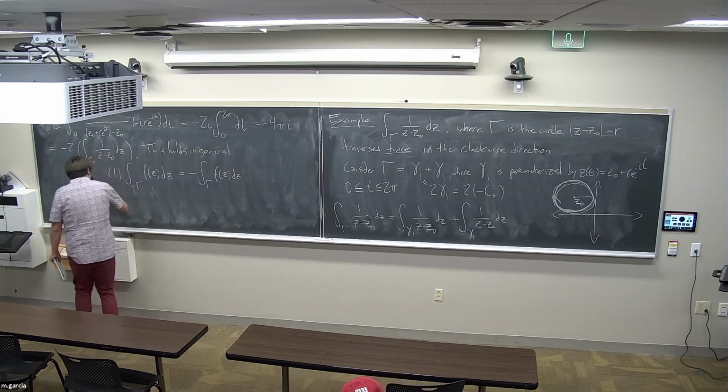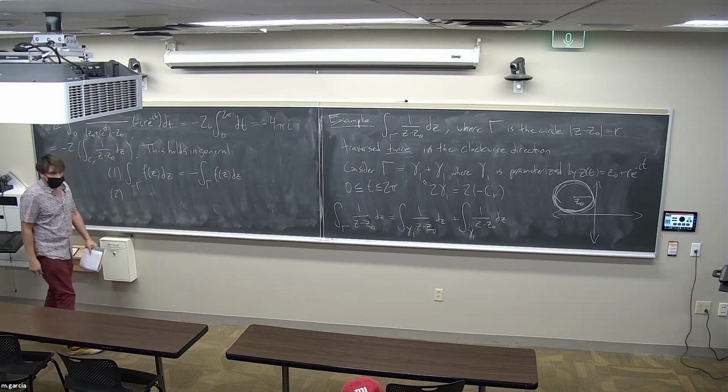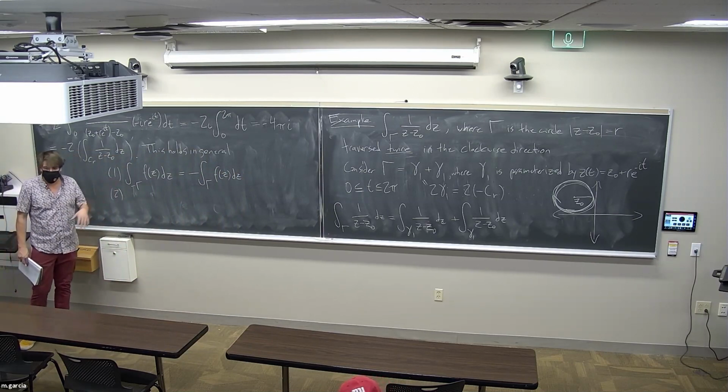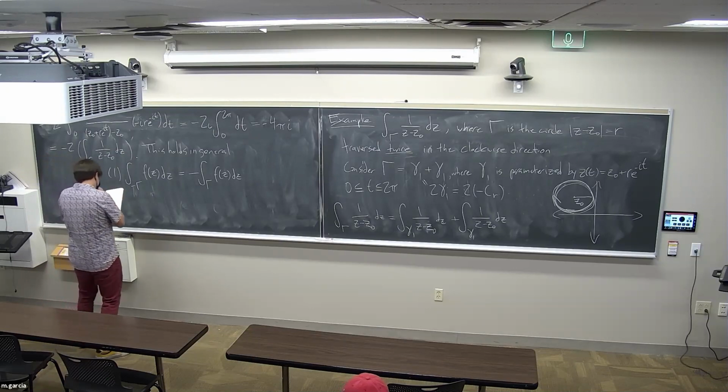And in addition, our usual rules of integration apply here. That is to say, contour integrals are linear, right? We can split up sums and pull out constants. Okay, so let me just say, how should I write this?